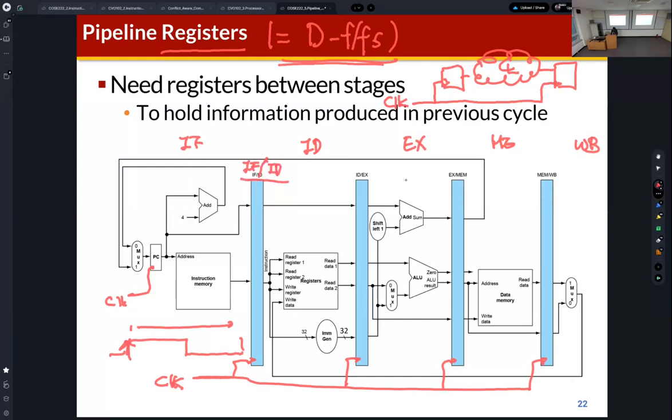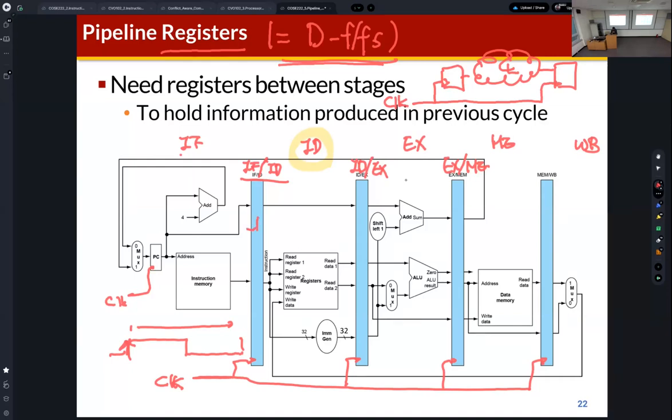This represents the pipeline register between the instruction fetch and ID stages. You can find the slash here, the ID slash EX and EX slash MEM. If we just focus on the ID stage here.